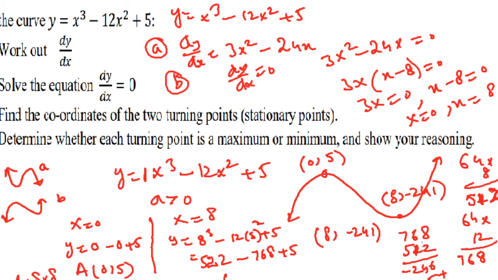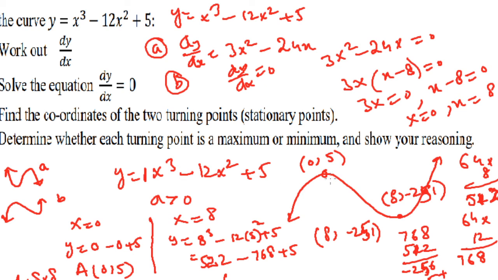Okay, so the result is minus 251. Yes, it's minus 251. Students, please correct this. So one point is minus 251 and one point is 5.